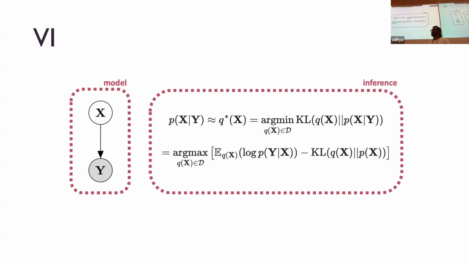Variational inference is a way to do approximate inference when you don't want to do other types of inference. For example, you could just do maximum likelihood estimation for X given Y, but X is a big matrix and Y is a big matrix, and you might not want to represent the entire matrix and do inference over the entire X. So maximum likelihood estimation might not be the greatest thing to do.